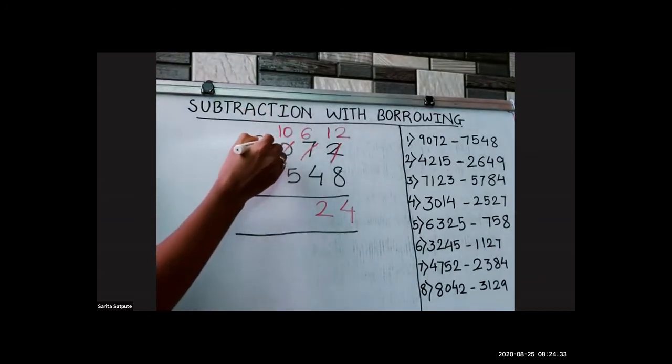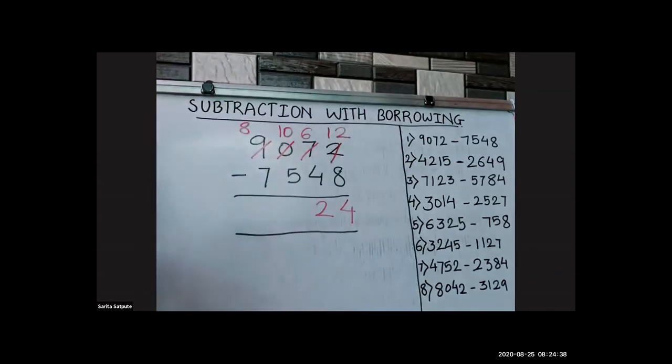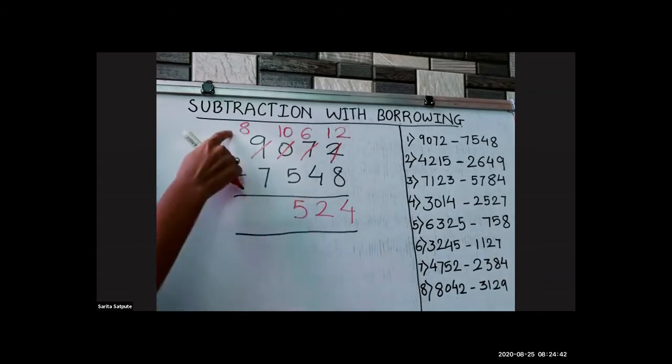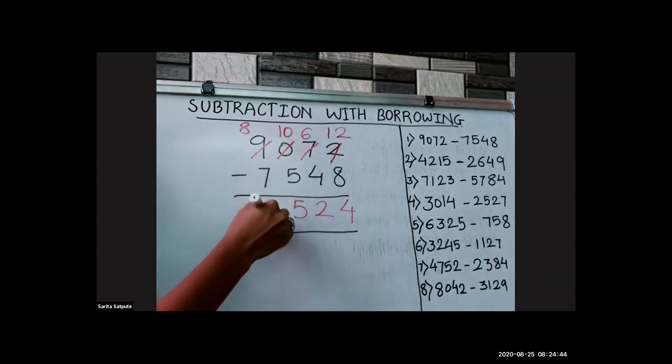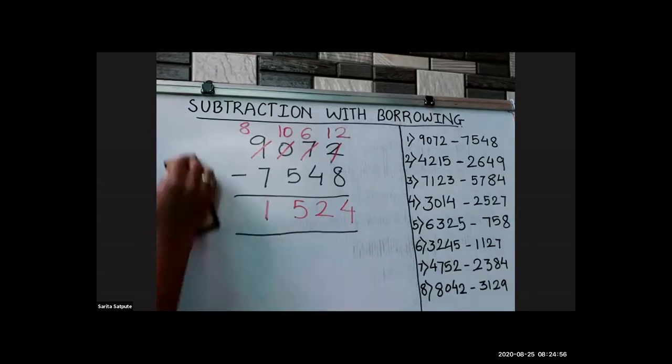Because 9 has given one number to 0, 9 will become 8. Now you can subtract. 10 minus 5, 5. 8 minus 7, 1. So your answer is 1524. So let's move to the second question.